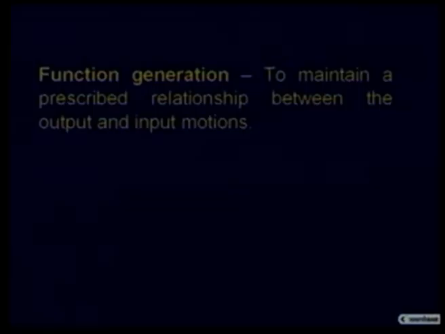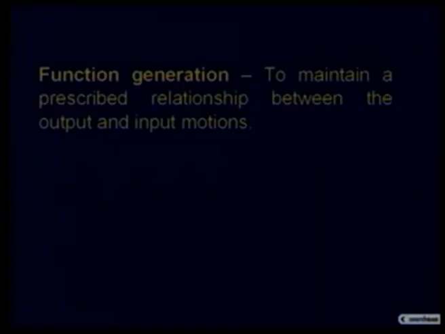To continue our discussion with various types of problems in dimensional synthesis of linkages, let me continue with the third class of problem, which we call function generation. In a function generation problem, the objective is to maintain a prescribed relationship between the output and input movement. That means to determine the kinematic dimension such that the output movement and the input movement are correlated according to a prescribed manner.